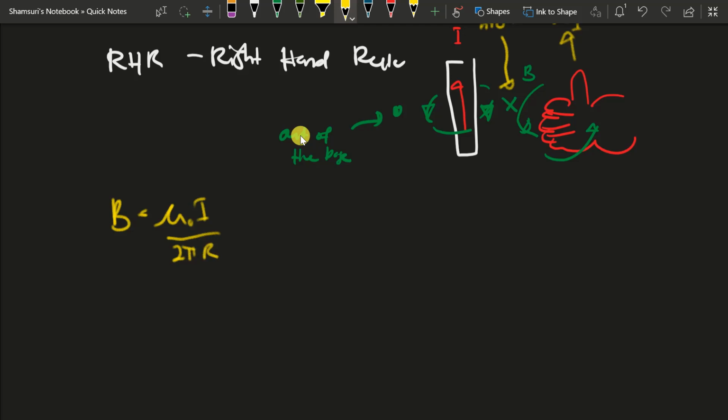Like previously, we have discussed how B depends on R, the radius itself. That's why we can have this one.